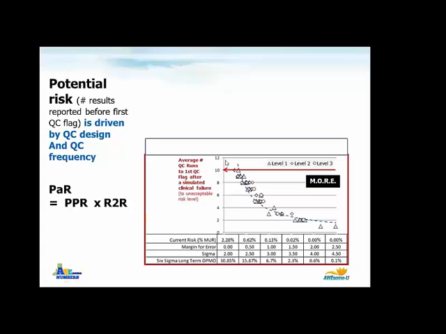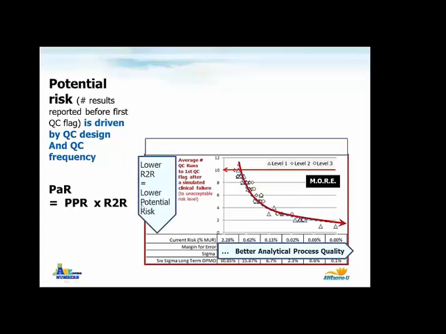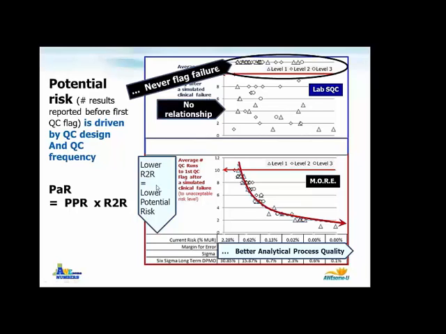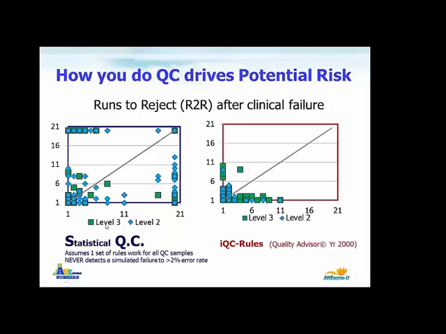If you use a mathematically optimized process to select QC rules, as the analytical process quality becomes better, you lower the potential risk and you lower the runs to reject. But that's not at all what we see in real practice. This is another example of it.